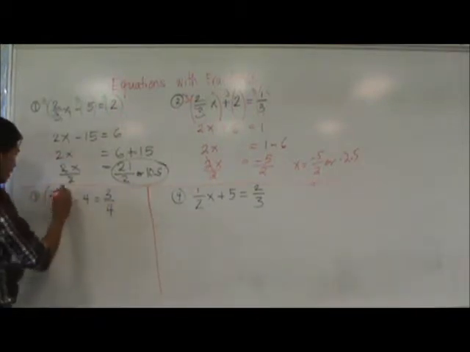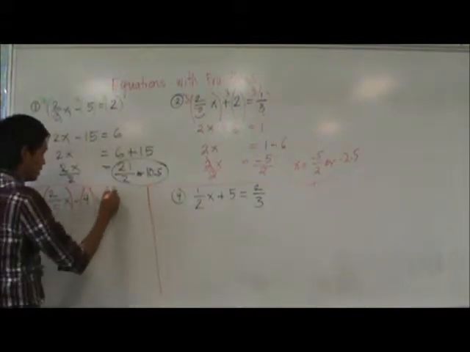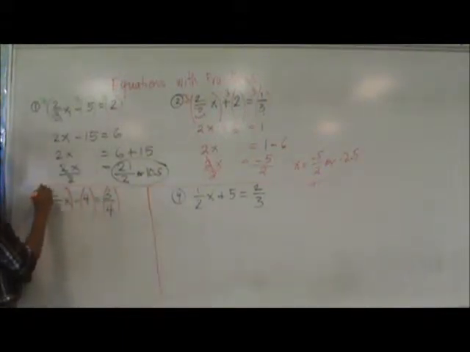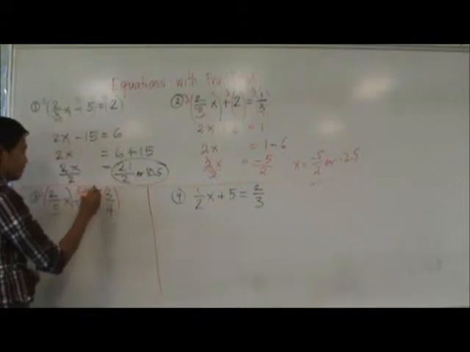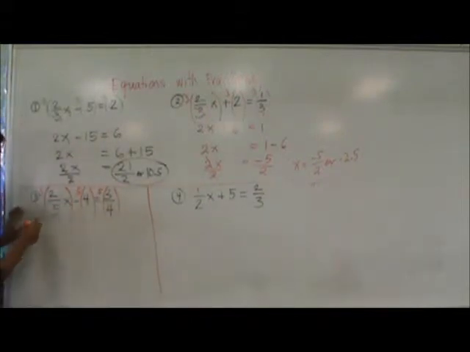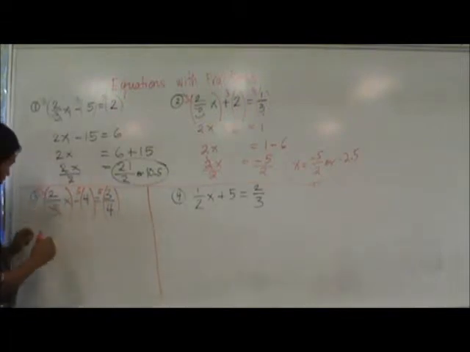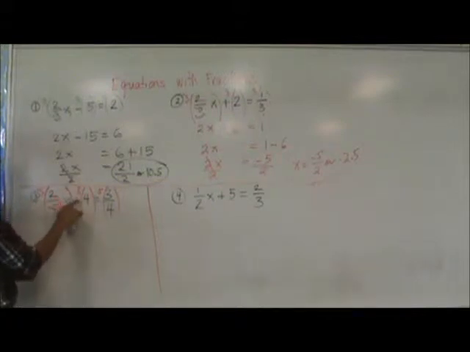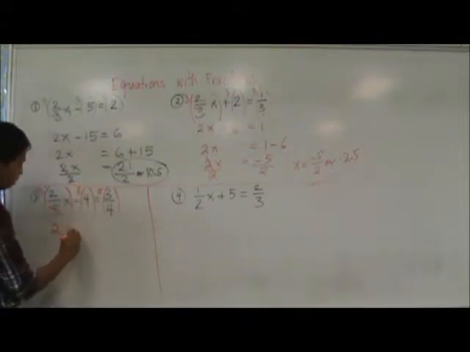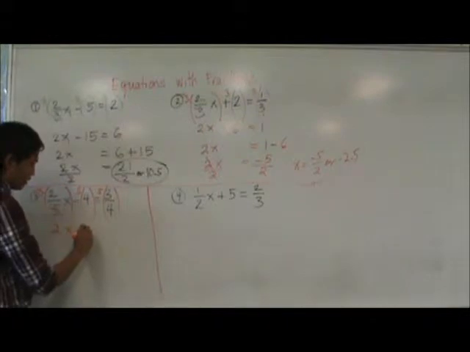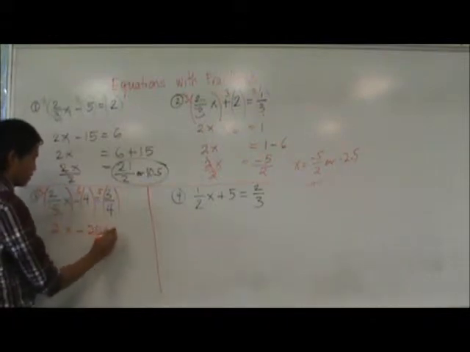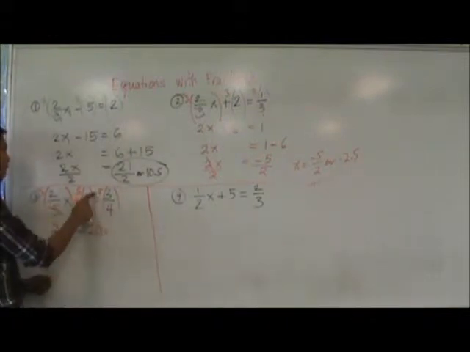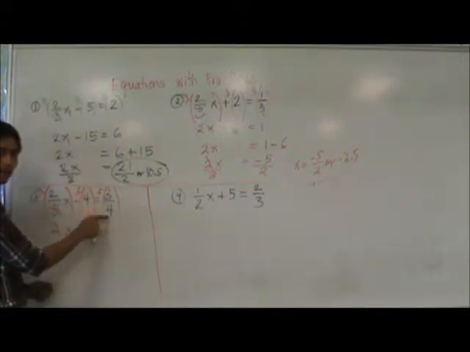So, once again, multiply everything by 5. Because the first denominator is 5, so I'm using 5. I'll go ahead and get rid of 5. And now that remains 2x. 5 times negative 4 should give you negative 20 equals, because 5 and 4 are not similar, so we cannot cancel them.